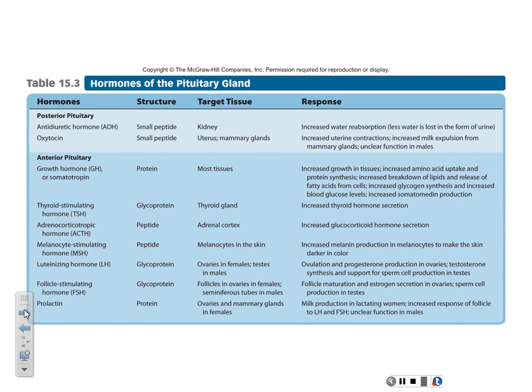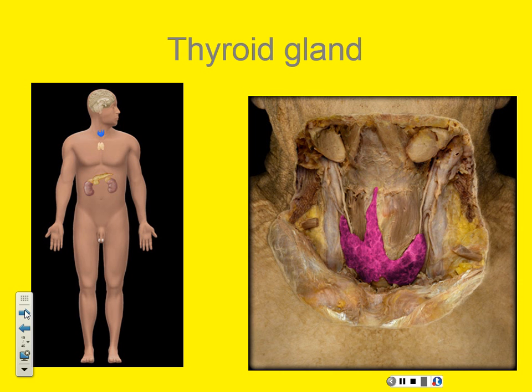It could be that, because after all, it causes smooth muscle contraction. Okay, and then a whole bunch of these hormones we talked about from the anterior pituitary. So just know that that forms about 9 hormones that are released by the pituitary. So move on to the thyroid.